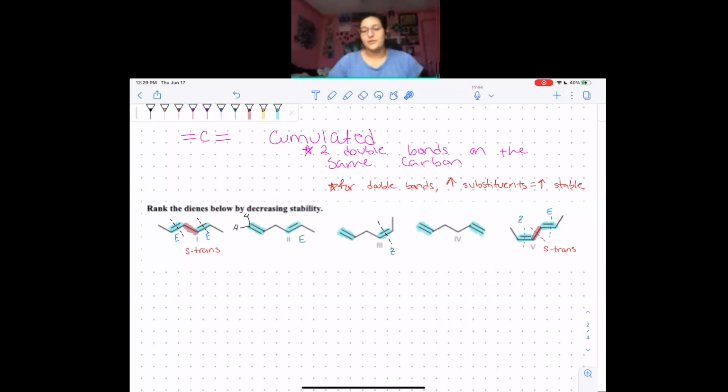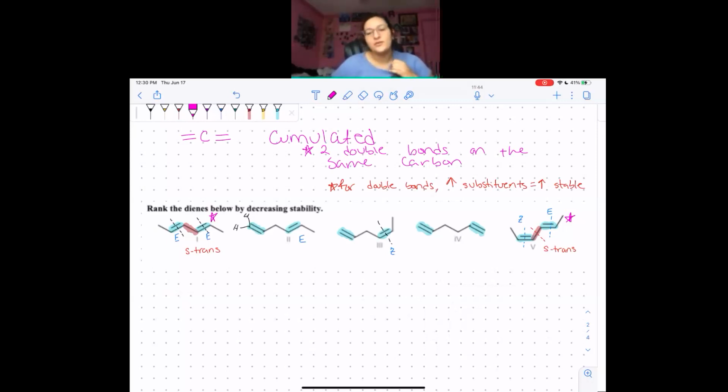Okay, so first things first. We know that conjugated is more stable than isolated. So I'm going to put a little star by the conjugated ones. Automatically, we know that 1 and 5 are going to be more stable than the rest of them.